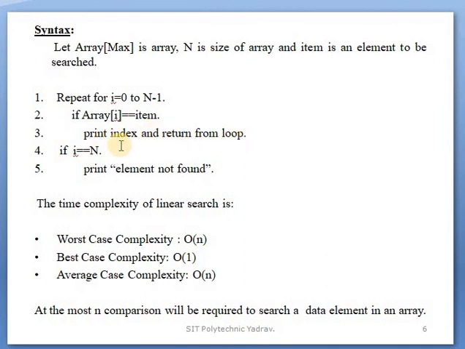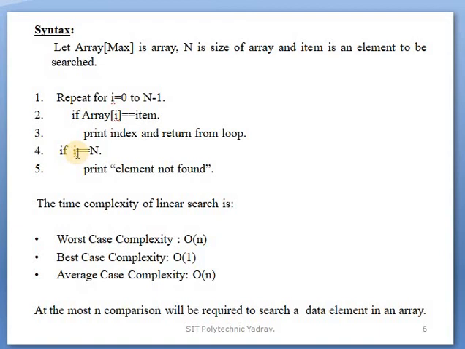Means print the index, the position in the array where that element is found, and return from the for loop. After that, if I is equal to n, then print element is not found.